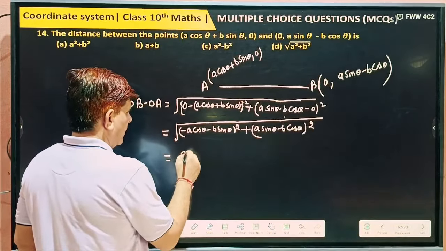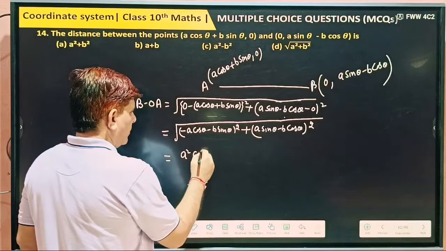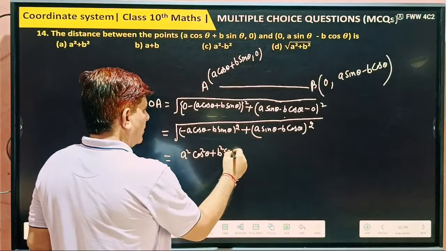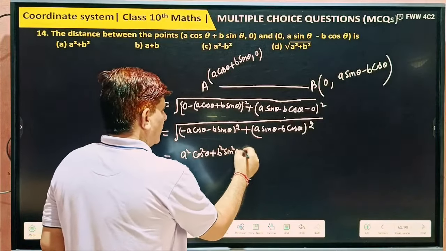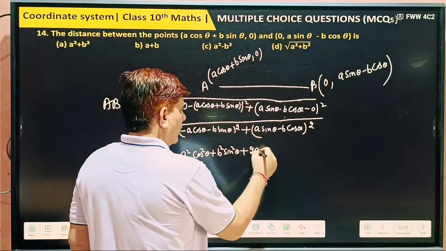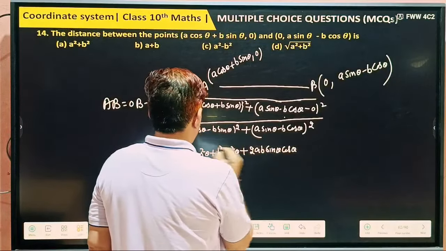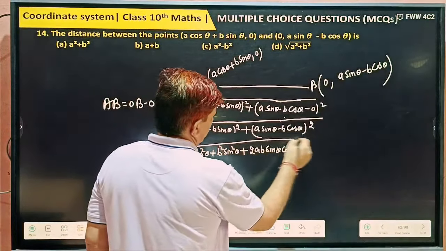A square cos square theta plus B square sin square theta plus 2AB sin theta cos theta. This is the first one.